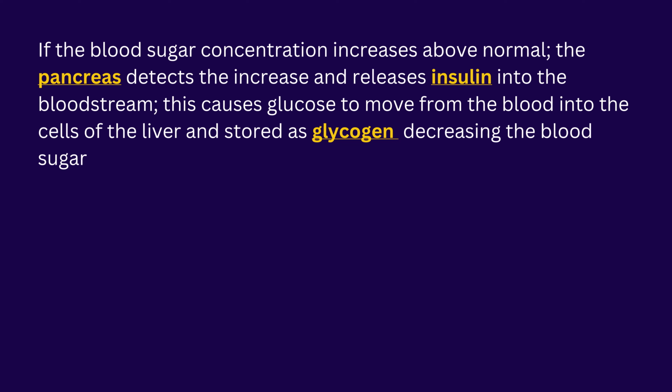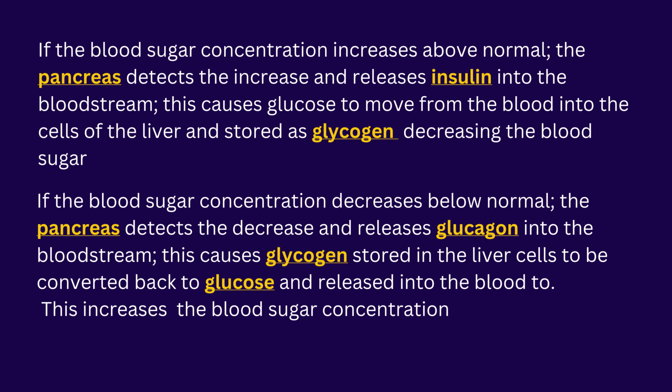This causes glucose to move from the blood into the cells of the liver and stored as glycogen, decreasing the blood sugar. If the blood sugar concentration decreases below normal, the pancreas detects the decrease and releases glucagon into the bloodstream. This causes glycogen stored in the liver cells to be converted back to glucose and released into the blood. This will increase the blood sugar concentration.